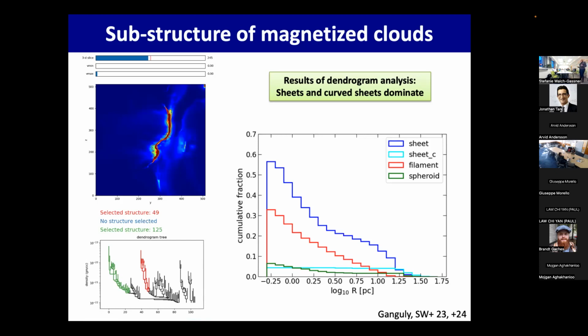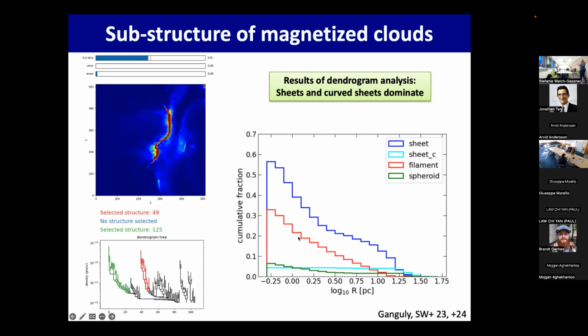The structural analysis we have done by basically computing the moment of inertia tensor. Then you can get the eigenvectors and eigenvalues. And from the ratios of those, you can figure out what kind of structure you have. And we see that actually a lot of clouds are sheet-like. But when you go to smaller scales, then you also have filaments, and only on the smallest scales we form spheroids.